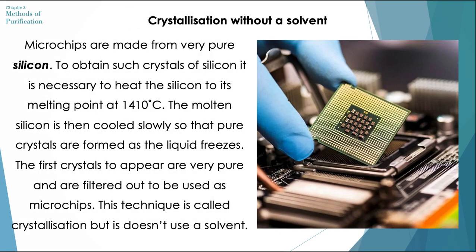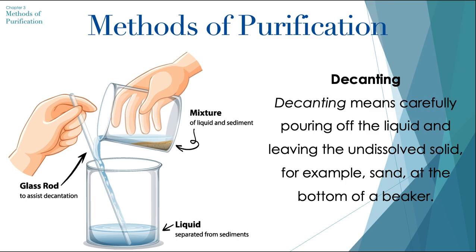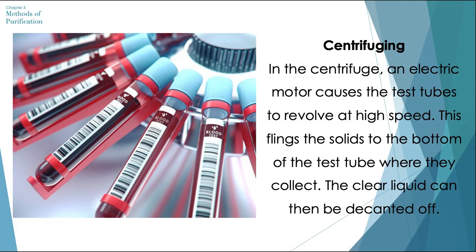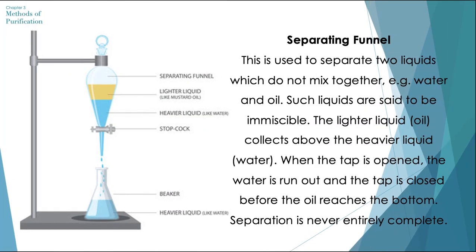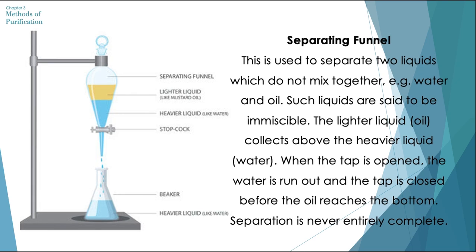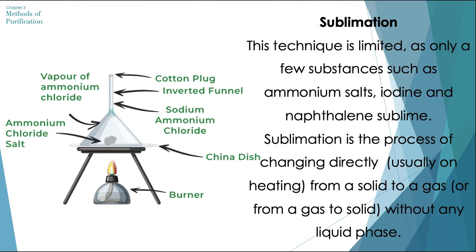Then we saw decanting, which means carefully pouring off liquid and leaving the undissolved solid behind. We saw centrifuging. Then we saw the separating funnel, which is used to separate two liquids which do not mix together, which are immiscible. And then we saw sublimation.